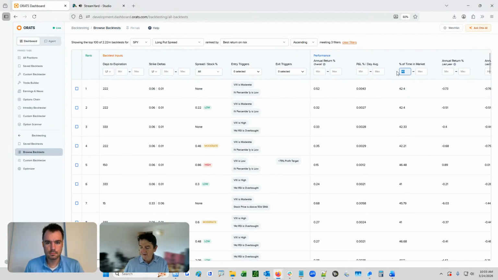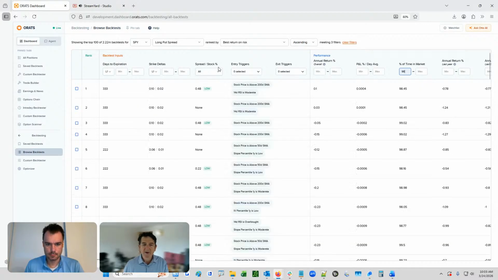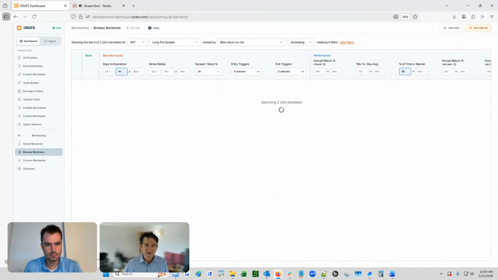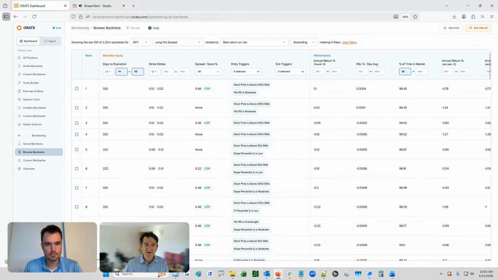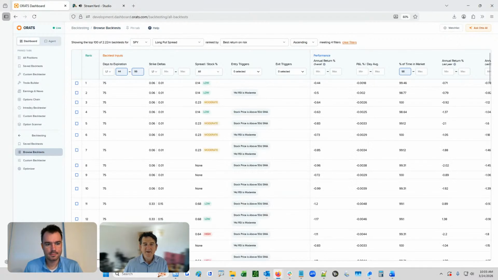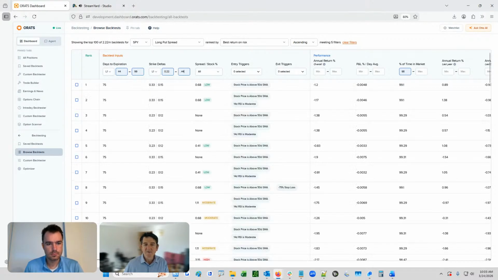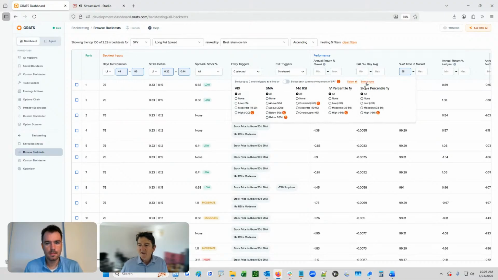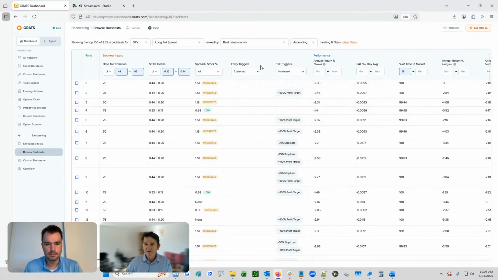I want it to be like 98% of the time, and I want more in the money and not too long term. So I want to be between 44 and 99 days, and have my delta be at least, I don't know, 22 and 44. Then I'll select none of the entry triggers, because I'm going to set up my entry triggers.